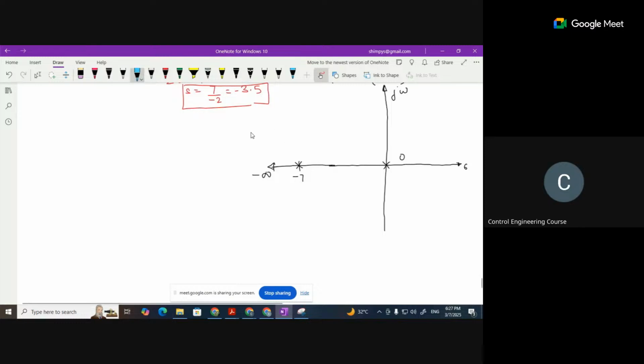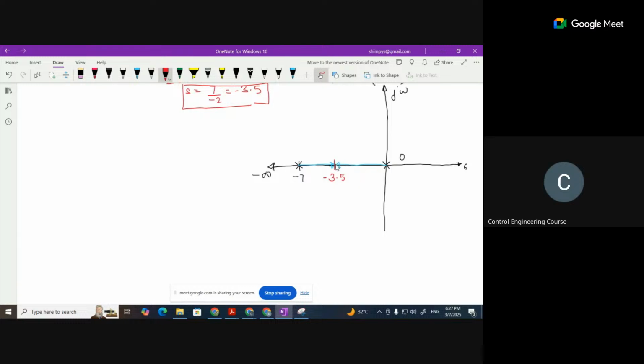And this is how my branches are originating from the poles, and I'm taking this point as my centroid, that is minus 3.5, and this is the breakaway point as well, right?